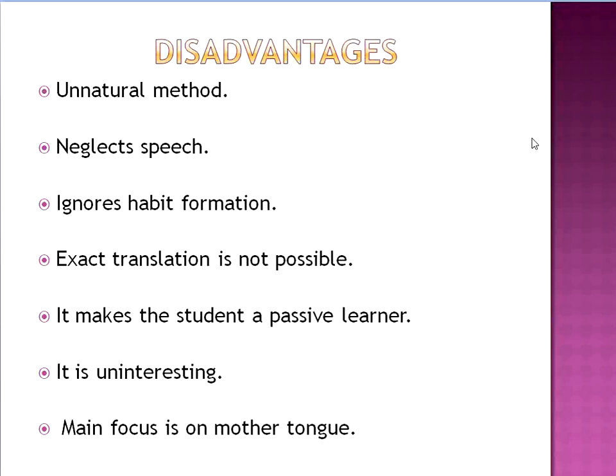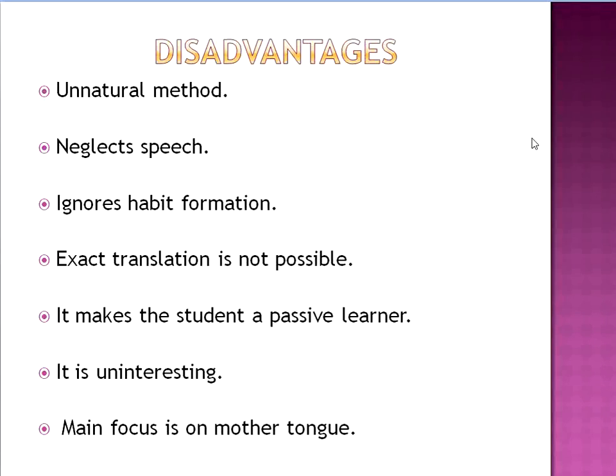Exact translation is not possible. So while translating word by word, we will have to admit this fact that exact translation is a myth. Getting the point? So we cannot translate everything, in a sense we can say, purely from the target language to our mother tongue.